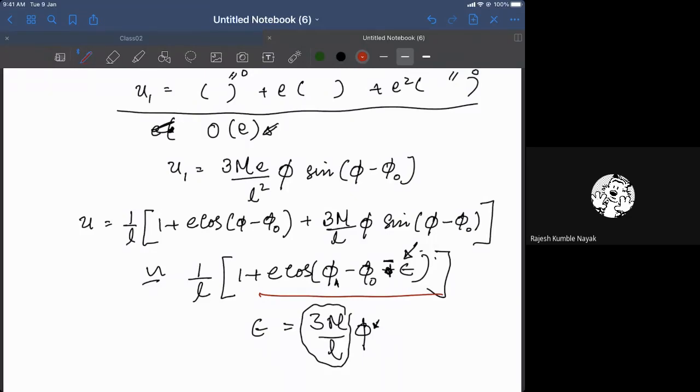Any questions about this? Okay, so you can do this calculation on your own, then it might be clearer.